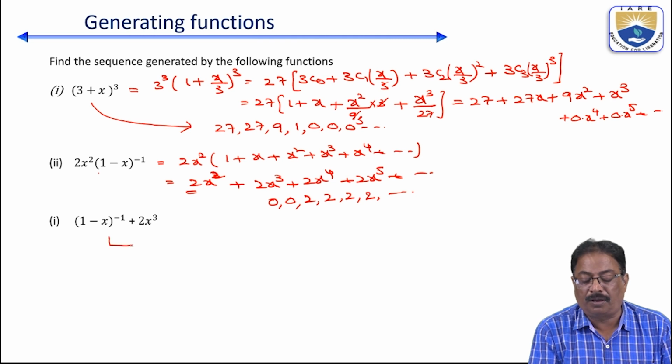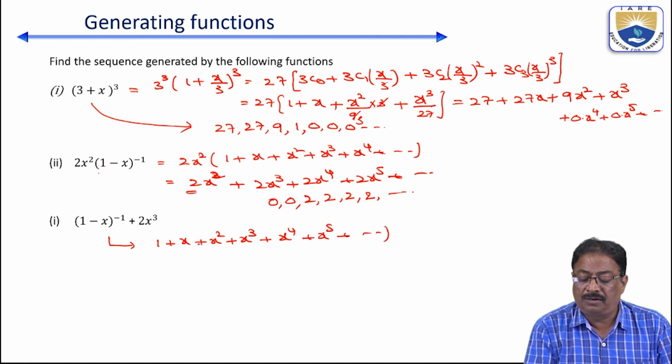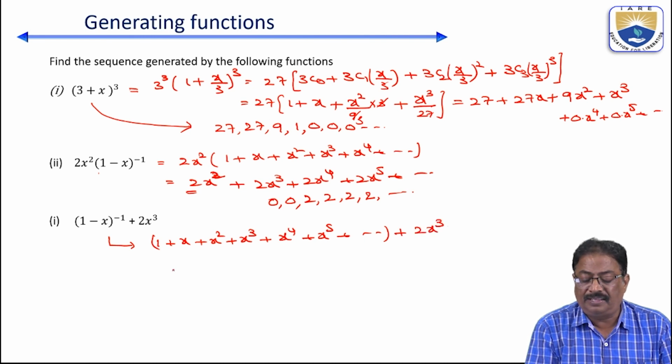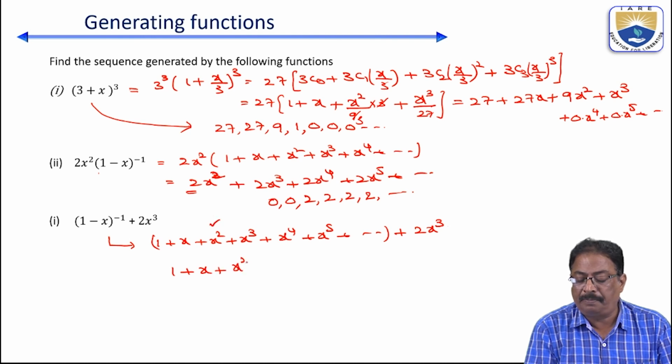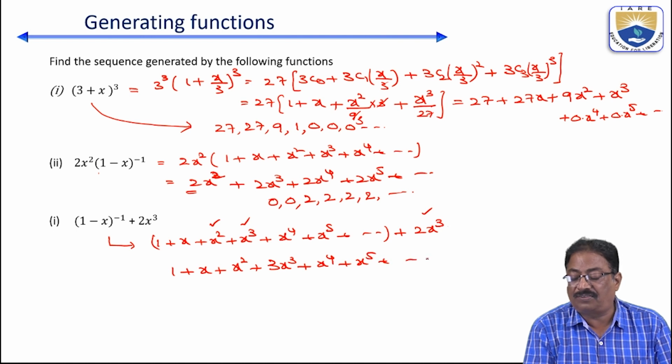For this problem now, this is 1 plus x square plus x cubed plus x power 4 plus x power 5 plus and so on, plus 2x cubed. I am going to write 1 plus x square the same, and this one is 3x cubed plus x power 4 plus x power 5 plus and so on.